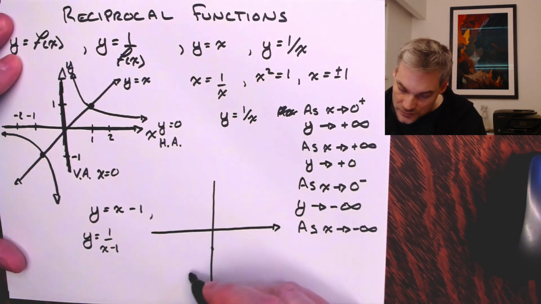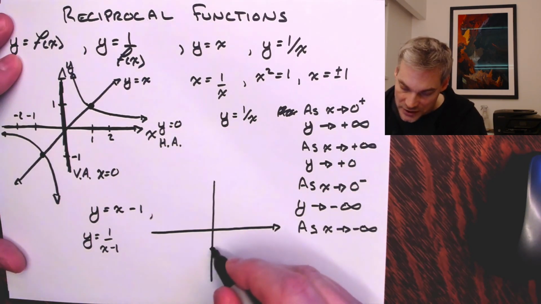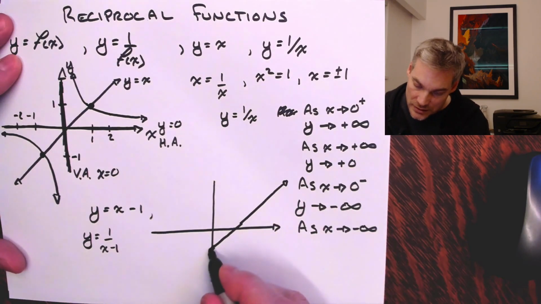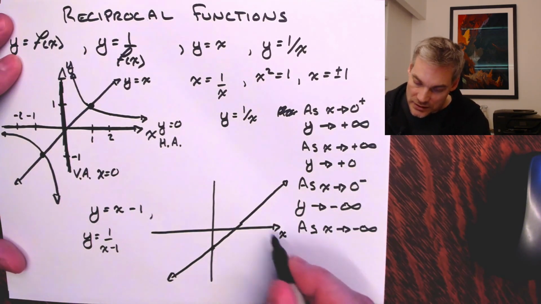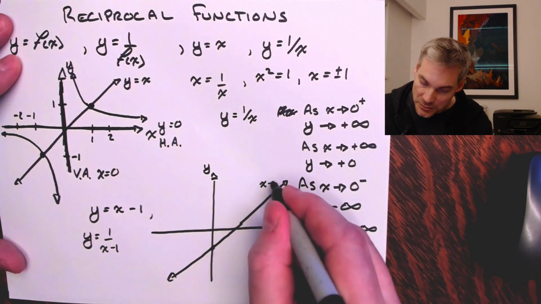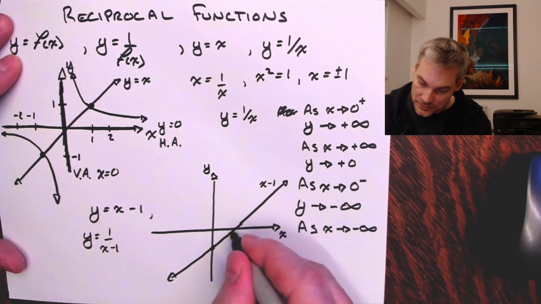So this is minus 1. This is x, y. This graph is x minus 1, this line.